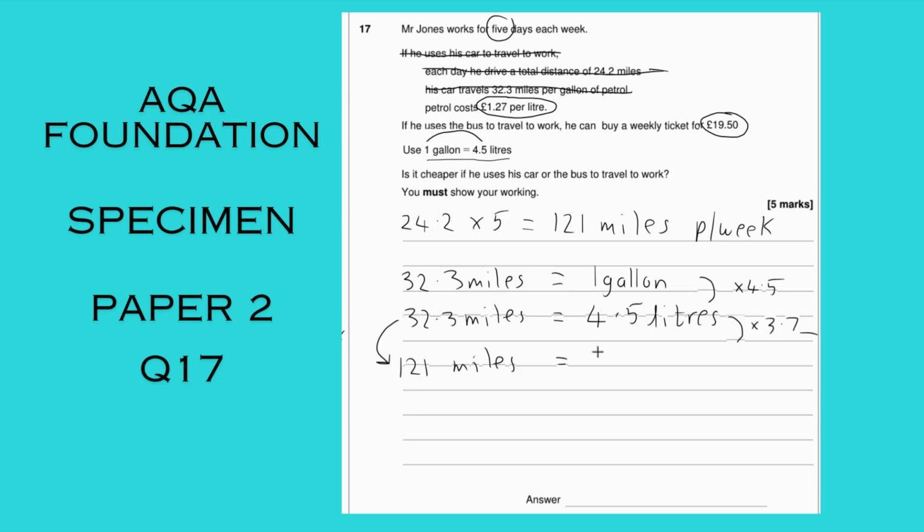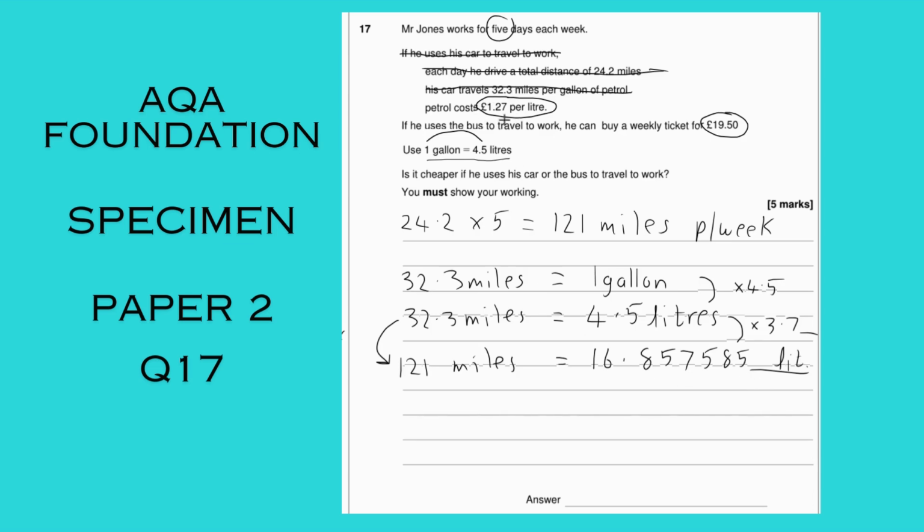I'm getting 16.85758, and again, it goes on forever. Just don't clear your calculator screen. Just know that that's how many litres Mr. Jones is using for his week.